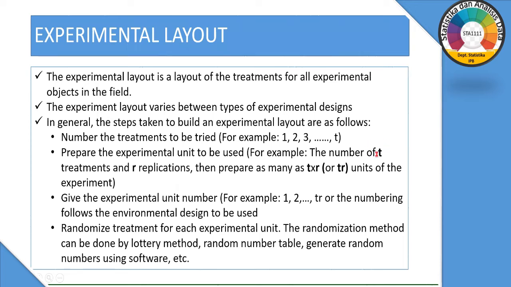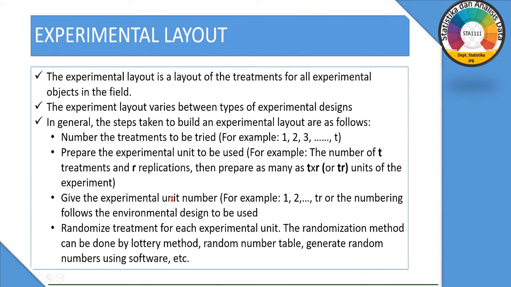Because if the number of treatments is 3 and the number of replications is 3, what you need to have is 9 experimental objects. Then prepare as many as T times R experimental units. So if the experimental object is mice, then you need to prepare 9 mice because 3 times 3, and so on.